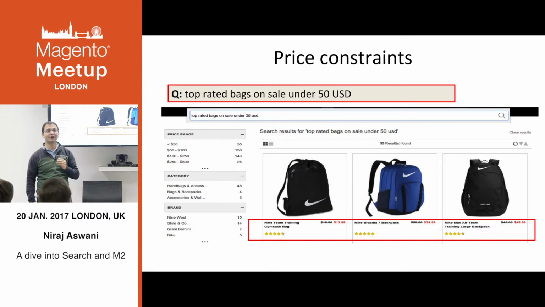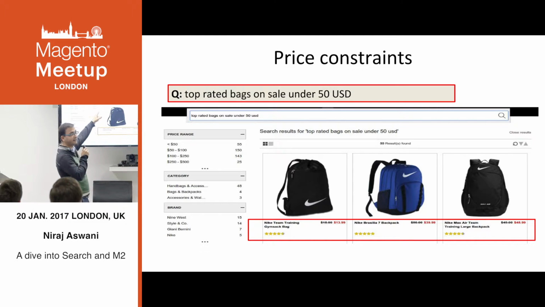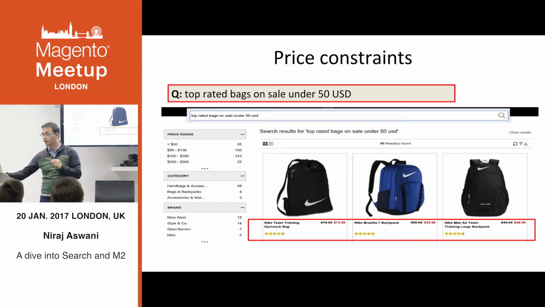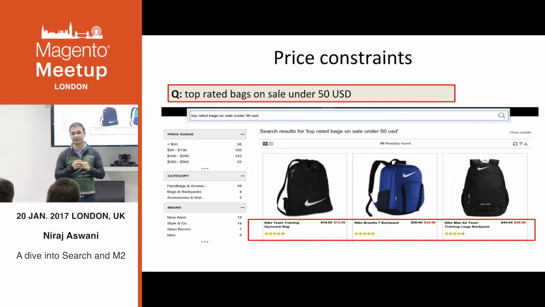Still, people can go one step further. Money is the matter where you want to provide full flexibility to your customer. And how do you do that? You have to understand the price related constraints. On sale under 50 USD, and the system should show the products which are under 50 USD.